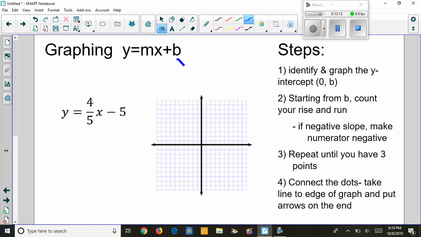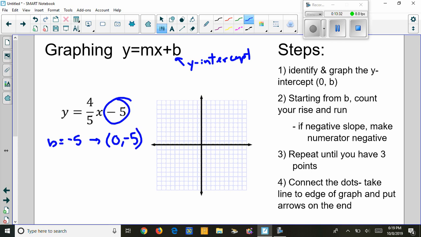Now remember, b is the y-intercept, so I'm going to look at the number at the end of my equation. That's this -5. Since b equals -5, I need to graph the point (0, -5).